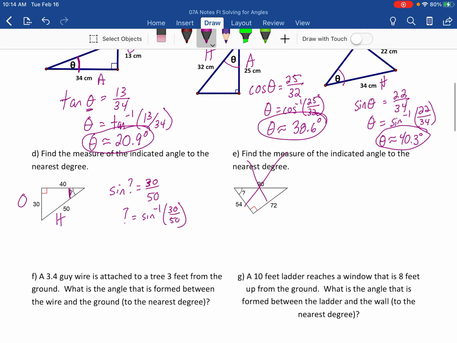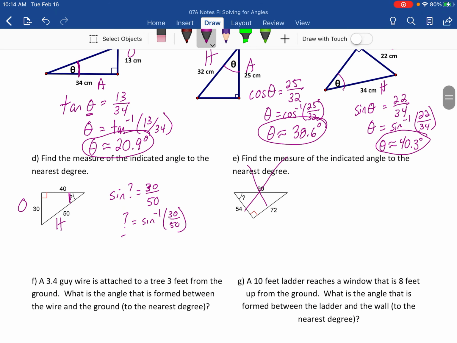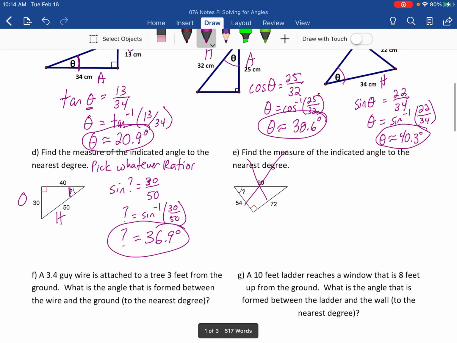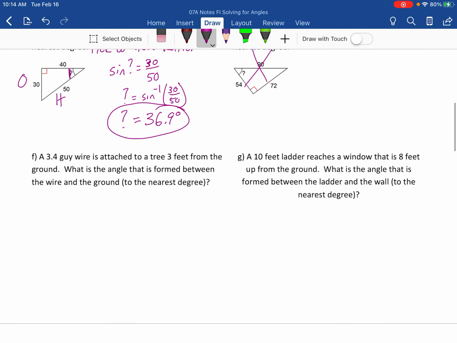And so my angle is going to be the inverse sine of 30 over 50. And it does not matter which one you get. You guys can check it. In class, we'll do this a little bit differently. And so my angle is going to be 36.9 degrees. Okay, so you just pick whatever ratio.